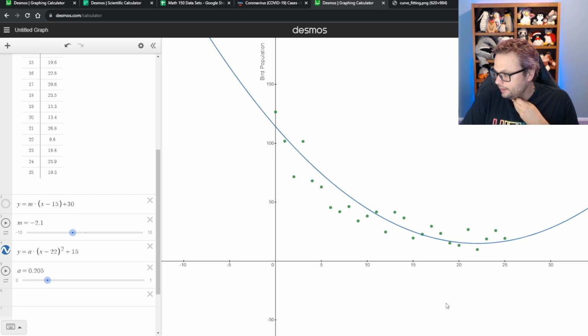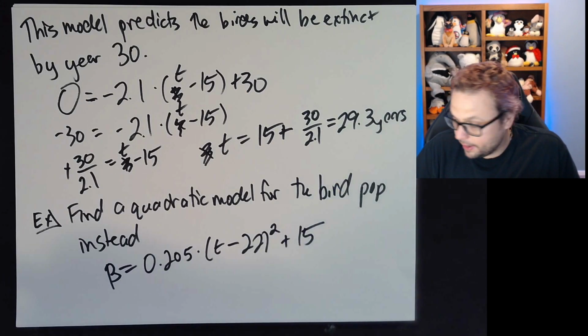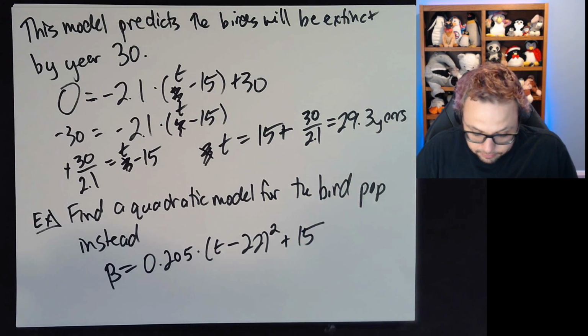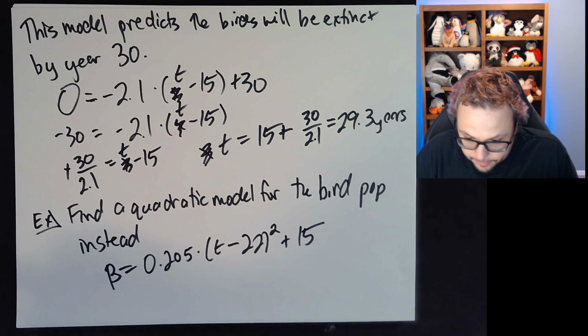So I've now ended up with my model here being birds equals 0.205 times (t minus 22) squared plus 15. So that is where I have now ended up with my bird model. This is my population model here.